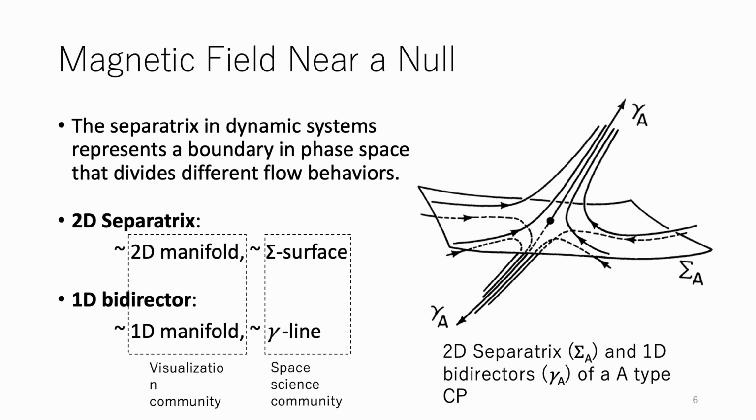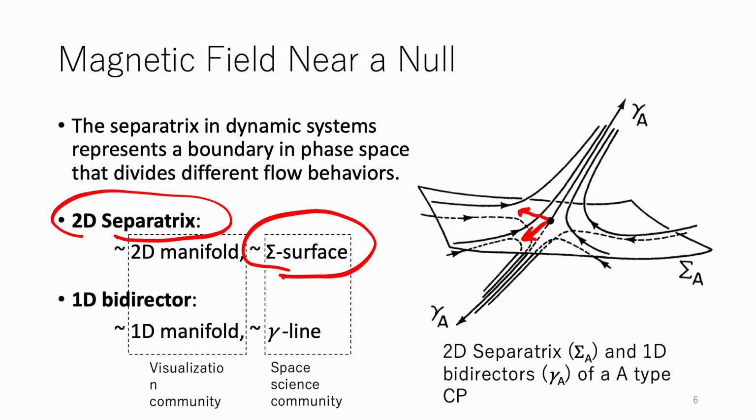Those which have the same sign of eigenvalues can span so-called 2D separatrices, or sometimes we refer to them as sigma surfaces. The magnetospheric topologies can be determined by visualizing or identifying this 2D separatrix or sigma surface.